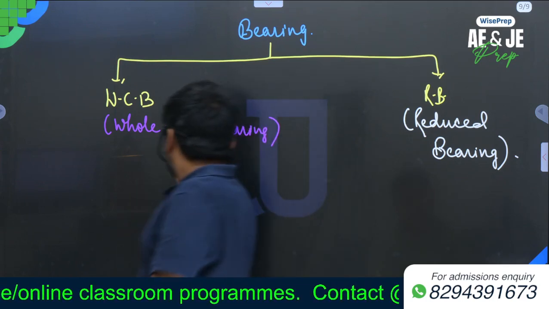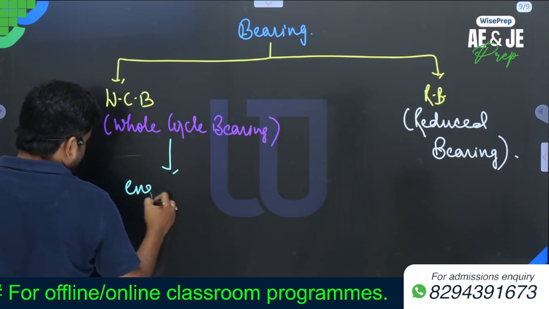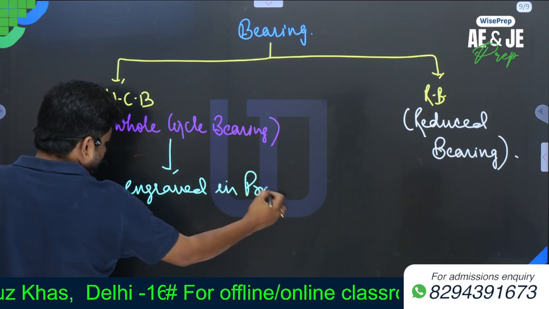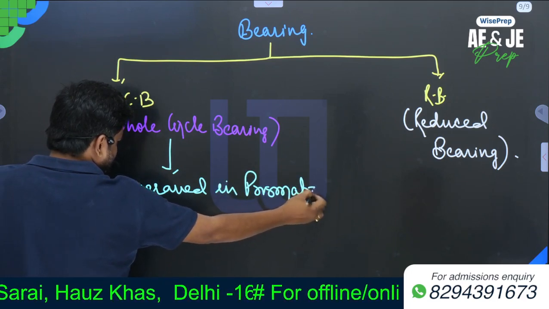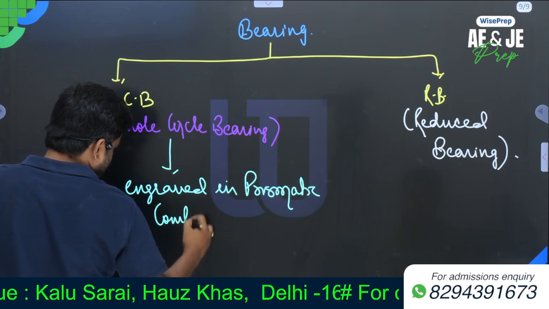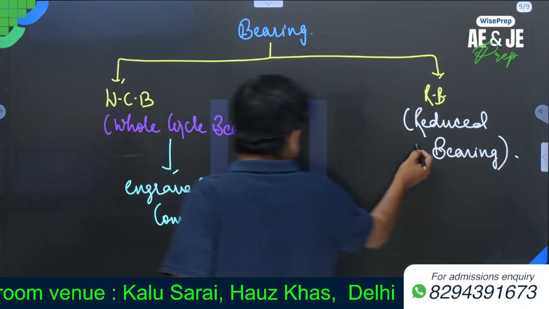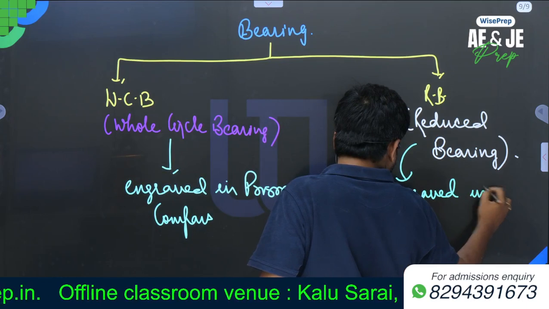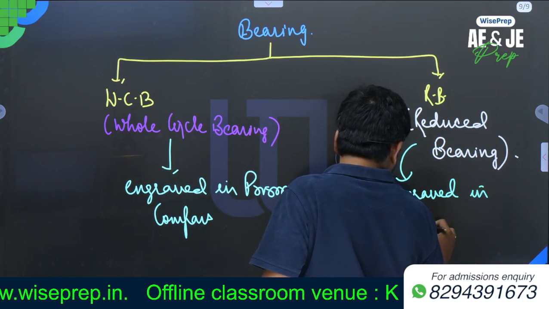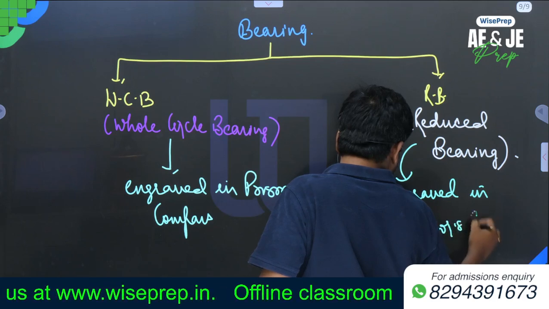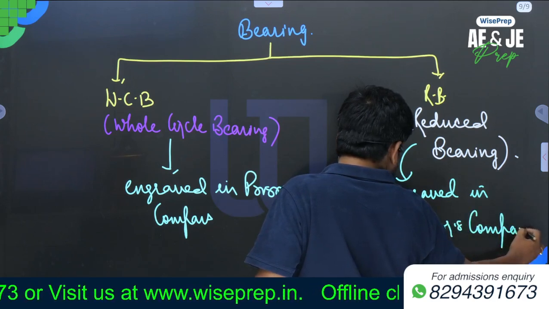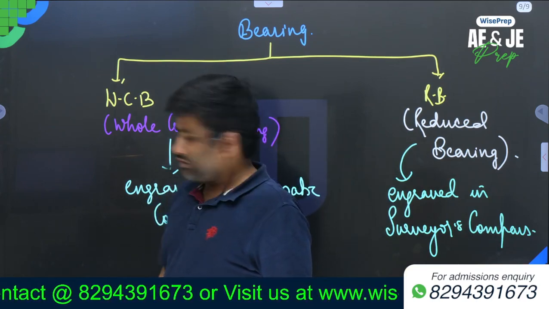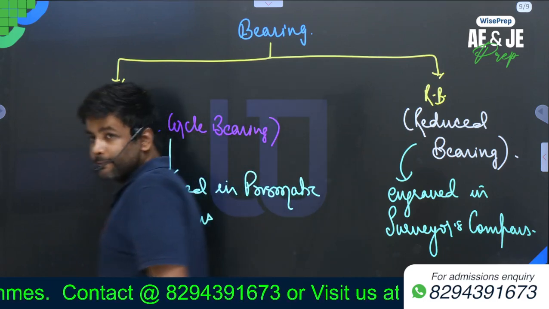Whole circle bearing is engraved in the prismatic compass, and reduced bearing is engraved in the surveyor's compass. All right. So this is very much important. So write down.